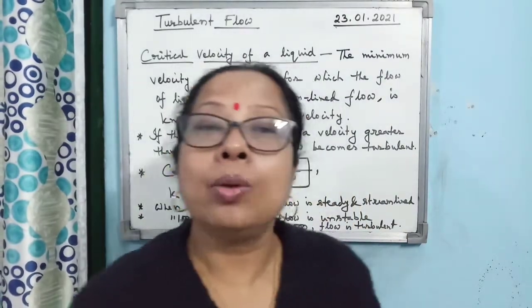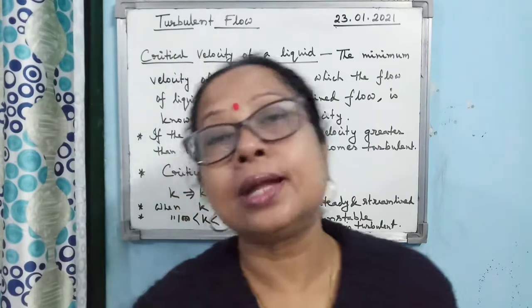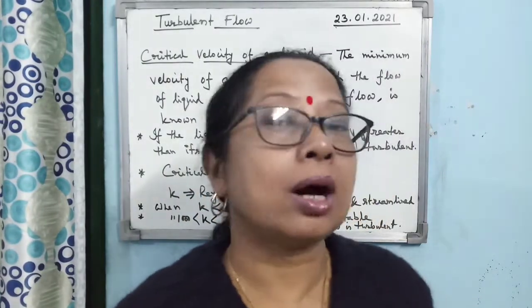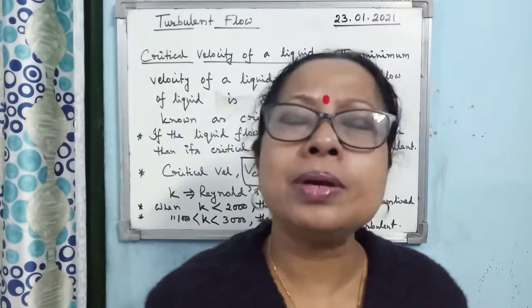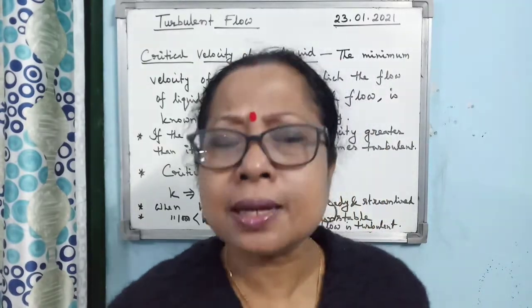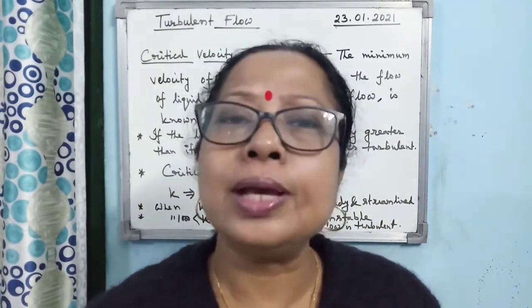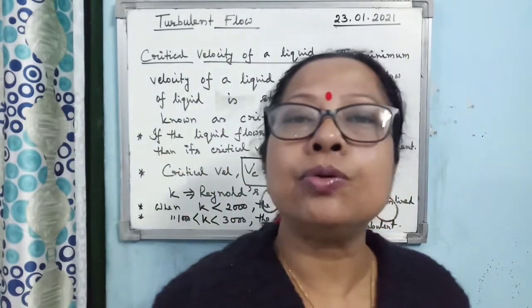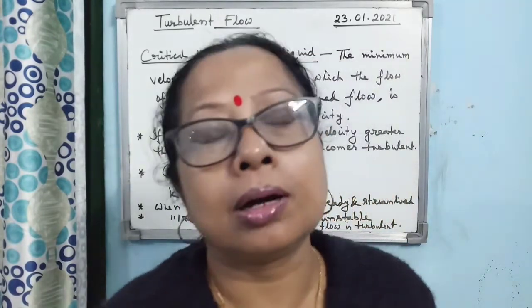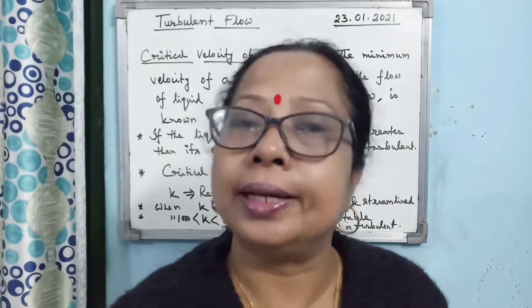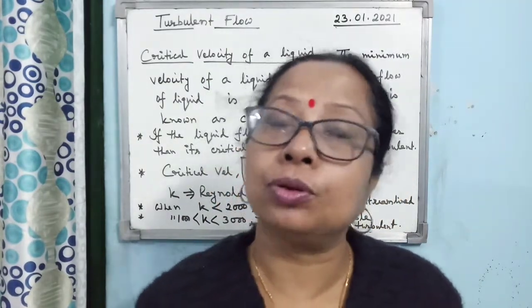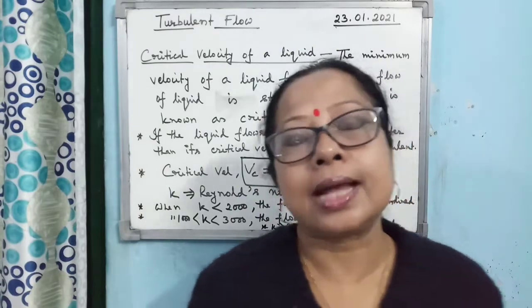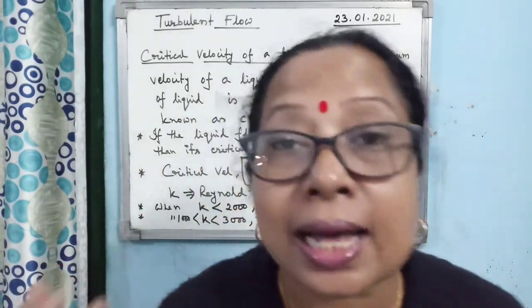Then when the value of k is greater than 1000 but less than 3000, then the flow becomes unstable. Unstable means you may observe that at this moment the flow is streamlined. Next moment you may find that the flow has become turbulent. So there is a switch over between the two kinds of flow. That is the understanding of unstable flow.